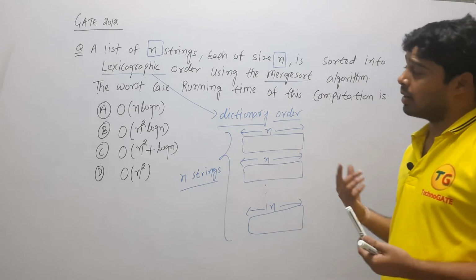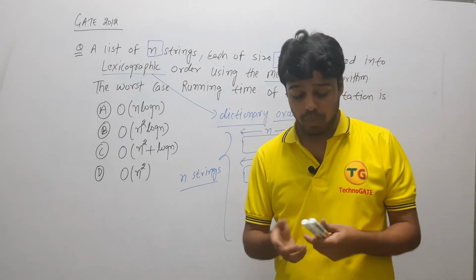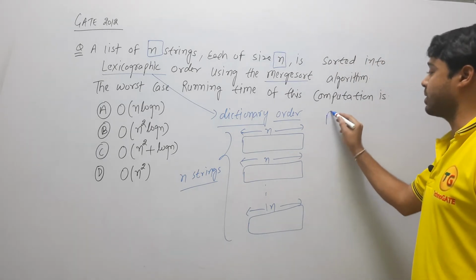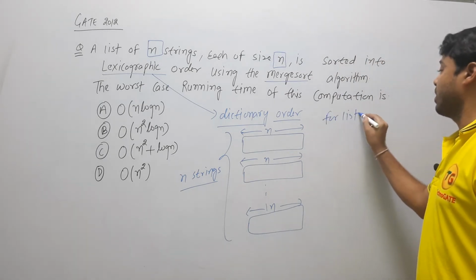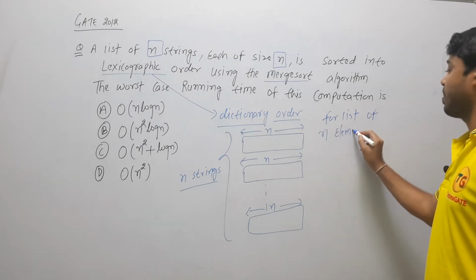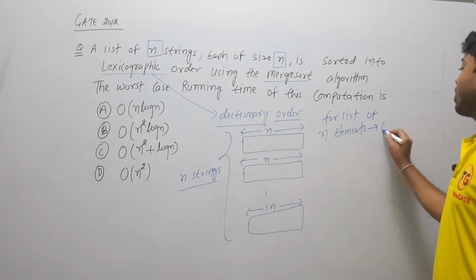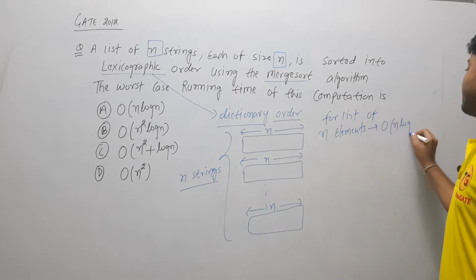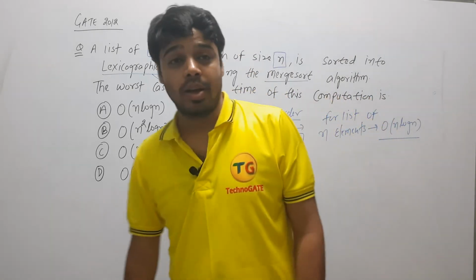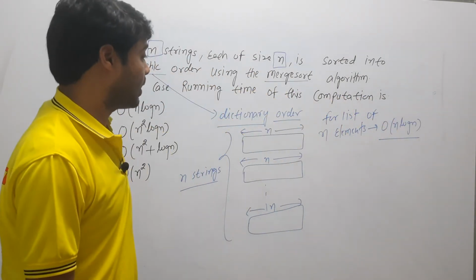So for one list of length n, how much time will it take through merge sort? For a list of n elements, order of n log n time is required.